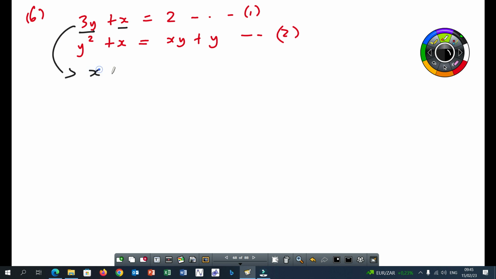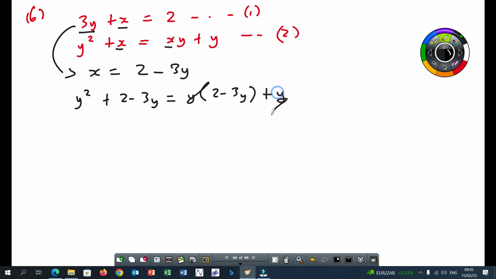So this will become x equal to 2 minus 3y. Then, in the second equation, where there is x there, you substitute the x by 2 minus 3y. So you end up getting y squared plus 2 minus 3y is equal to y times 2 minus 3y plus y. Okay?